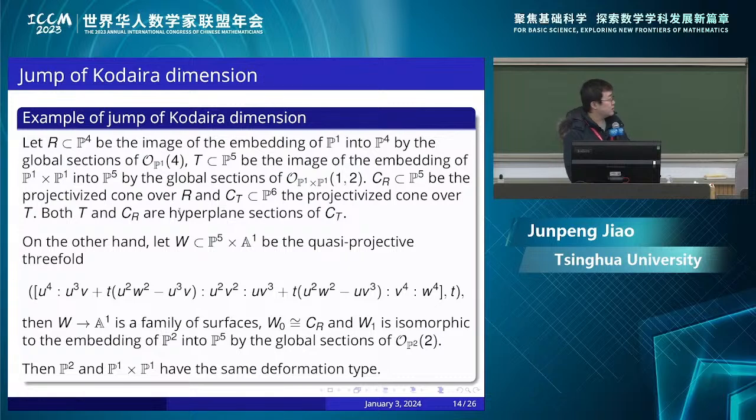It is a little bit long. Let R be the embedding of P1 into P4, and T be the image of the embedding of P1 times P1 into P5 by the global sections of O(1,2).